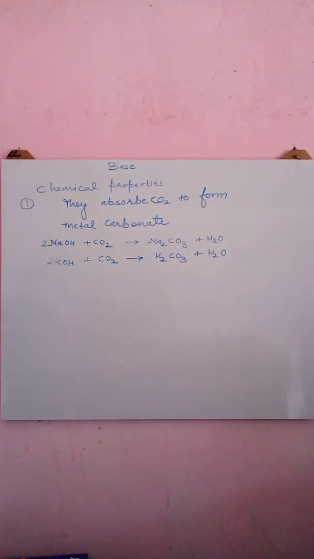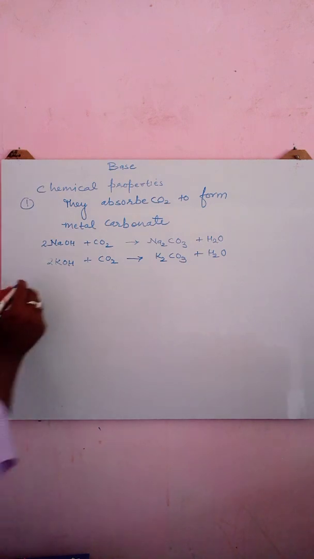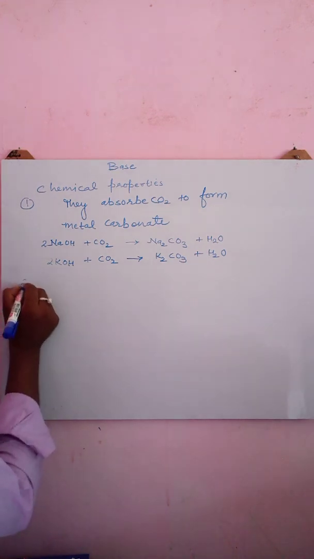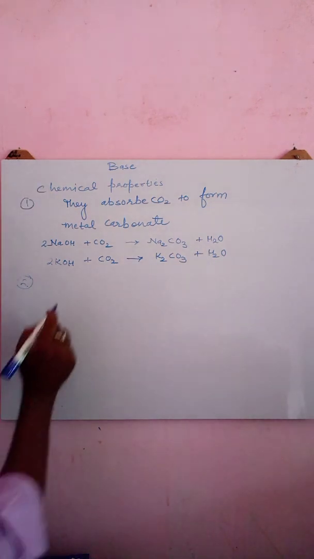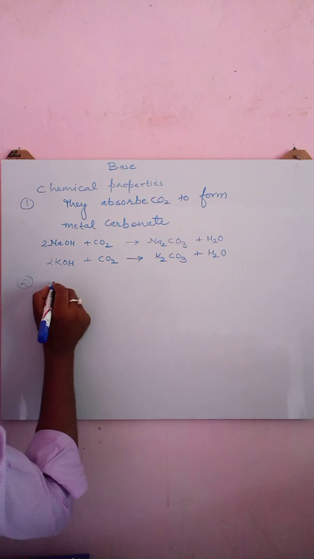So the first chemical property is when metal hydroxide, a base, absorbs CO2 gas from air, it forms the respective metal carbonate plus water molecule. Right? Now come to the second chemical property. The second chemical property is very common, the neutralization reaction.